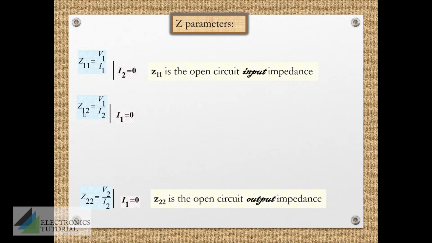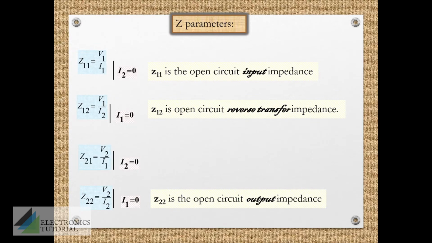Here, both the terminals are involved. So, it can be termed as transfer. As there is a transfer from input to output, it is termed as reverse transfer. So, it is called the open circuit reverse transfer impedance.